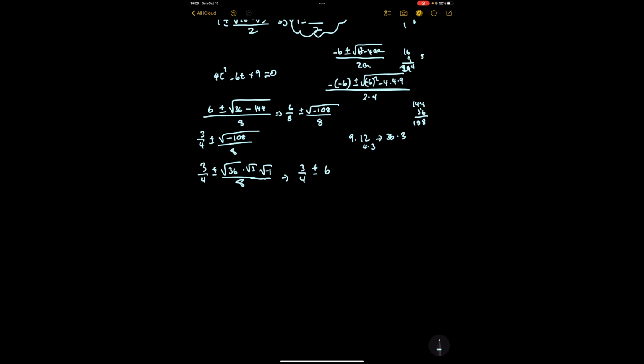The square root of negative 1 is equal to i, so we have i square root of 3 over 8. And so we can also simplify that to 3/4 plus or minus 3/4 i square root of 3. And that is your answer.